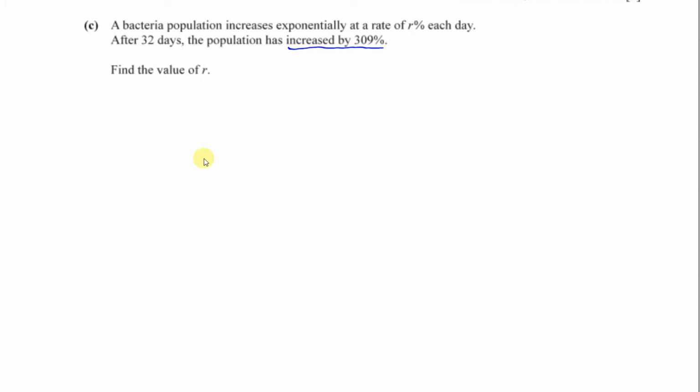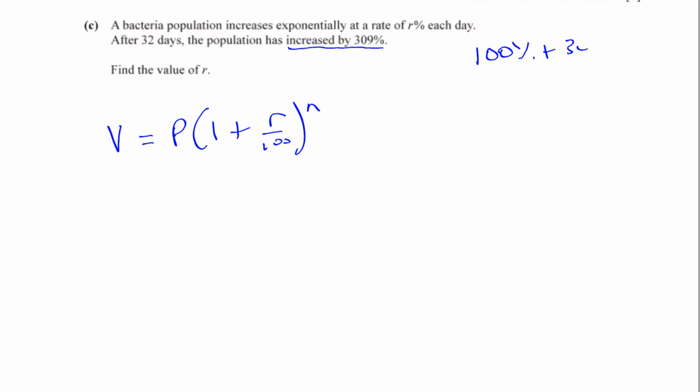So if we go back to the formula, we know that the new value is equal to the original value times 1 plus R over 100 to the power of n. So when it says increased by 309%, that means it's 100% plus 309%, so that's 409%.